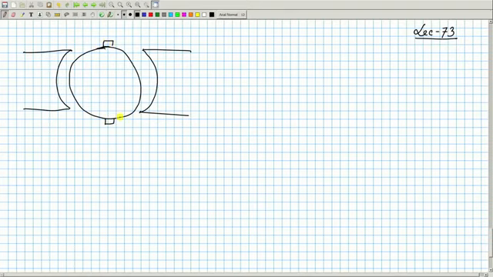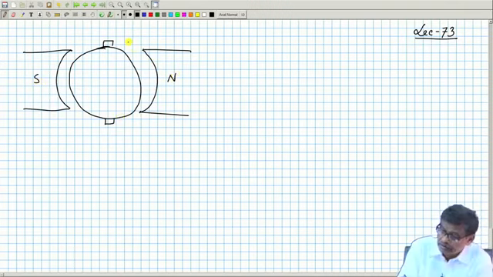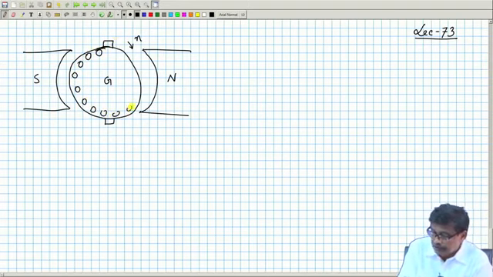So, this was the scenario, and this is south pole, north pole, generator mode. I assumed rotating in this direction, and these are the brush axis, and these are the armature conductors, and these are all dot.